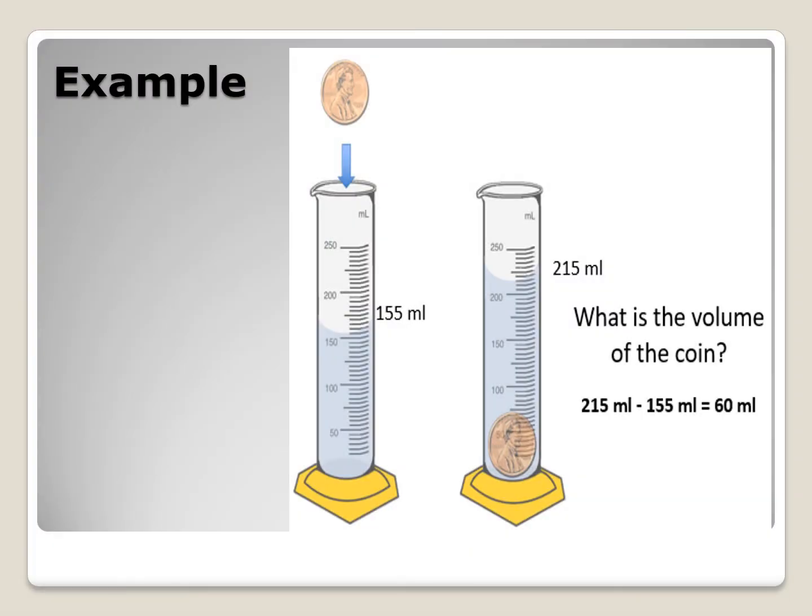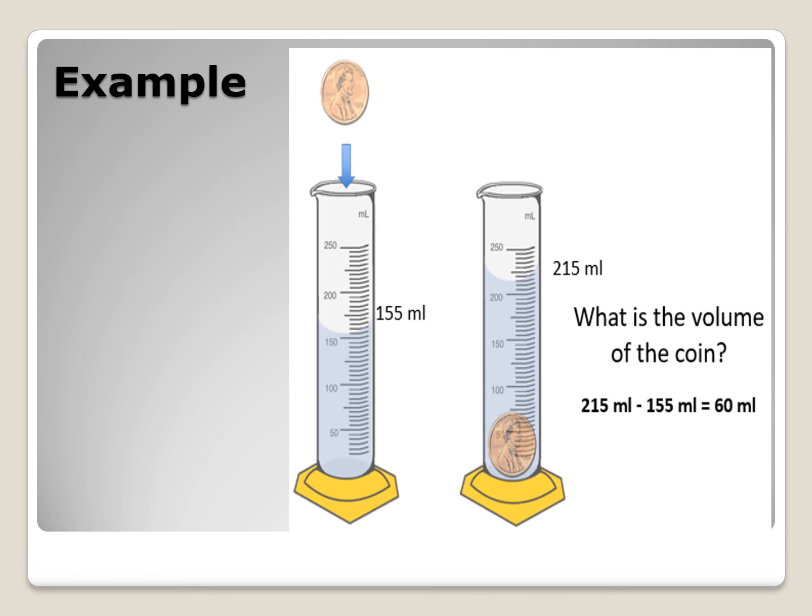Now we have an example here, guys. Our initial reading is 155 milliliters. When we place the coin, our final reading will be 215 milliliters.